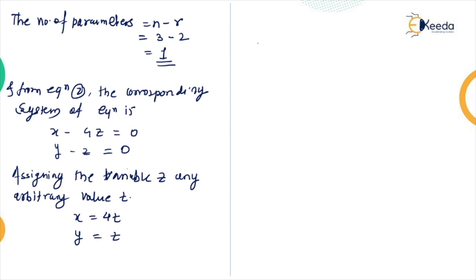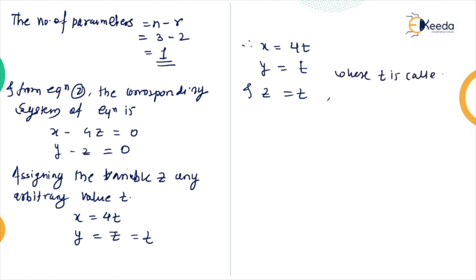Since y is equal to z, it is nothing but y is also t. So y is equal to t and z is equal to t. These are the solution, where t is called the parameter.